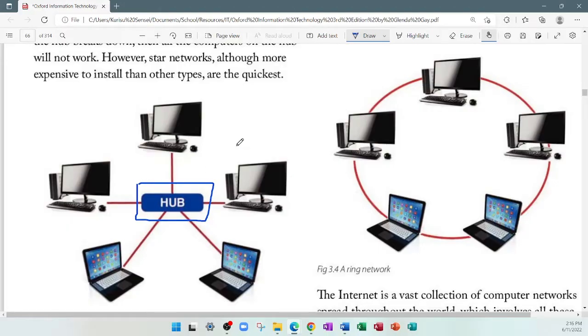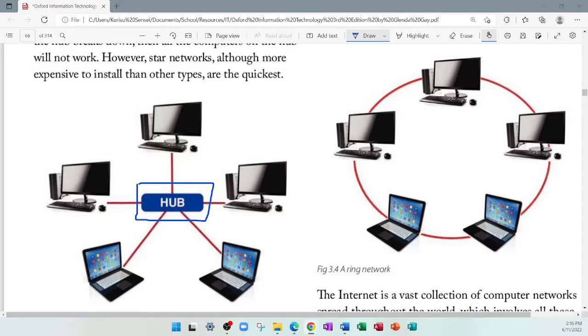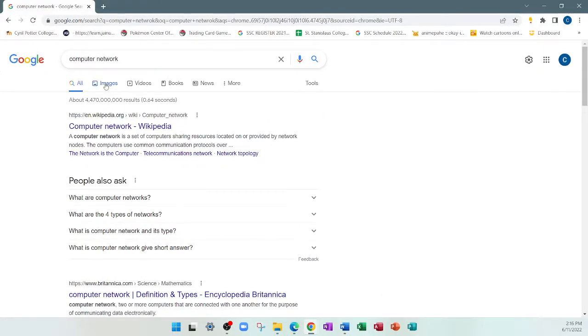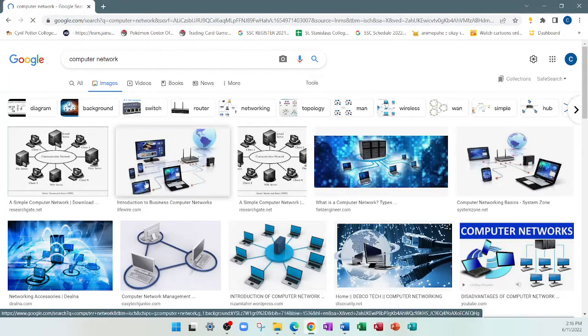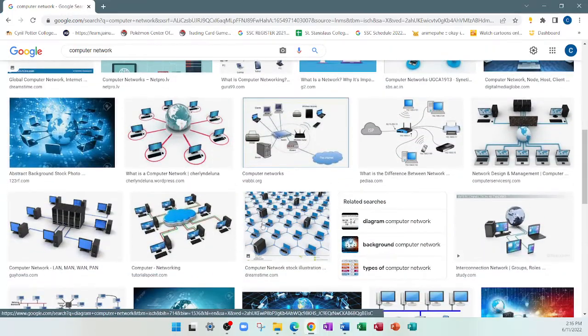So because if we were to actually look at a diagram of a network, let's see here.